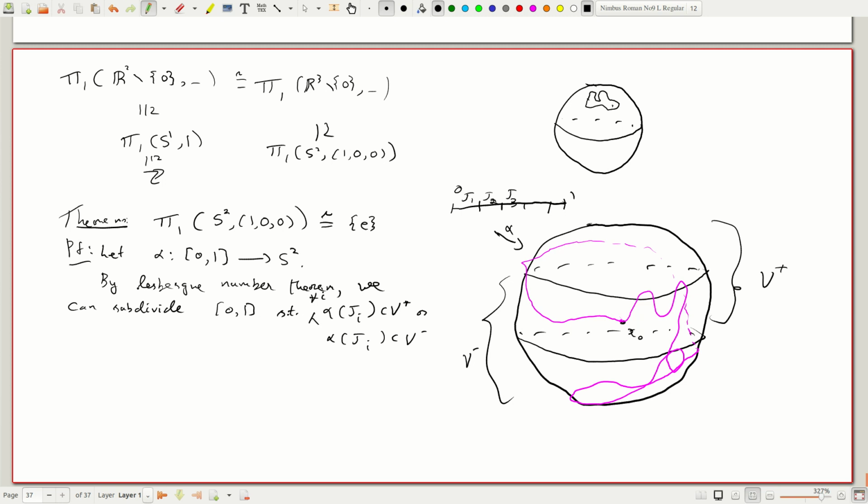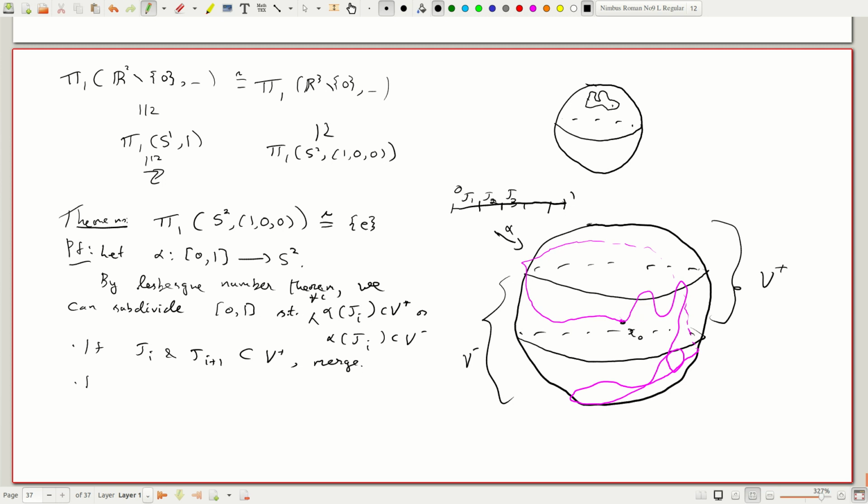So this guy is contained in this. Okay, and finally, this is a nice trick, not really necessary here, but it's very nice in other situations. If Ji and Ji plus 1 are both contained in V plus, you merge. What does this achieve? This achieves that alternate ones are above and alternate ones are below.